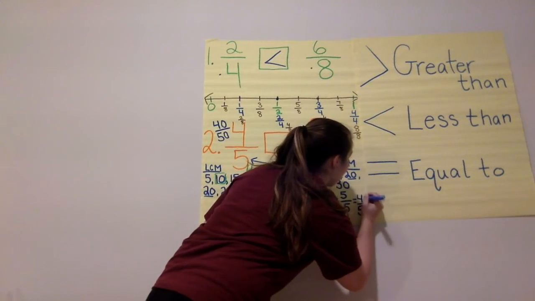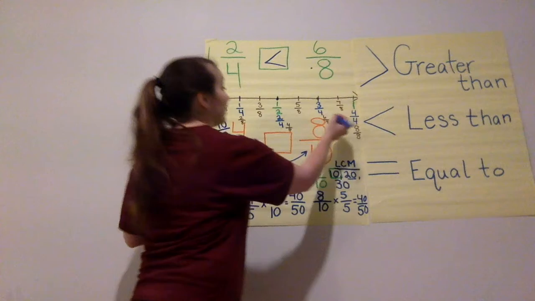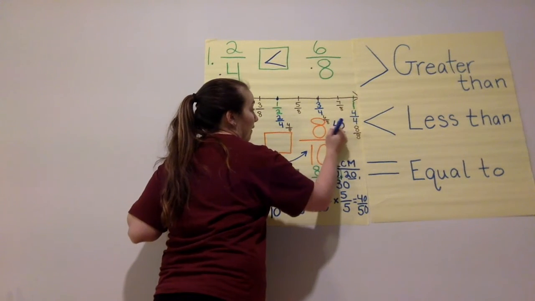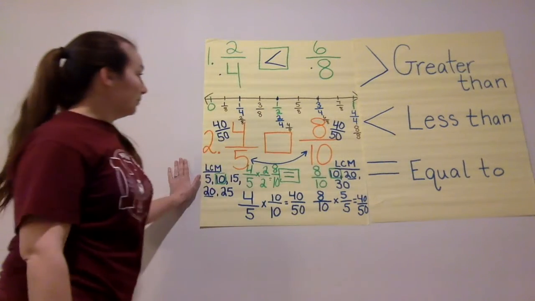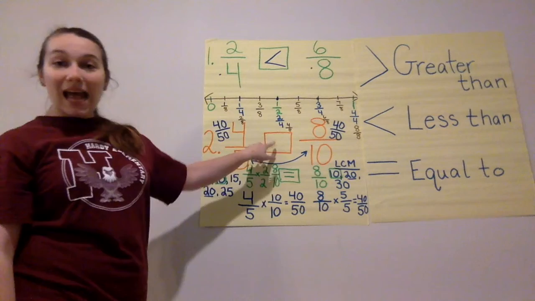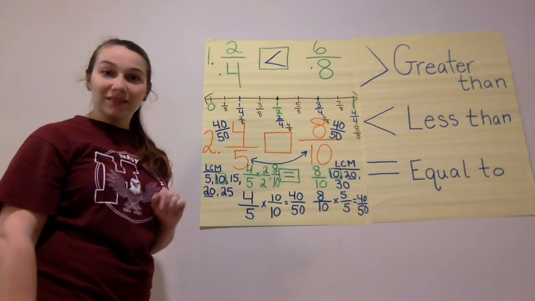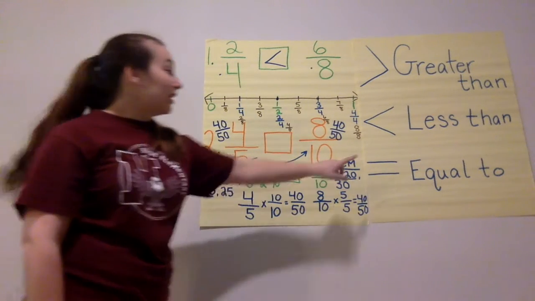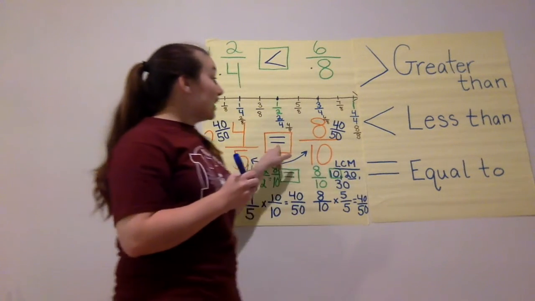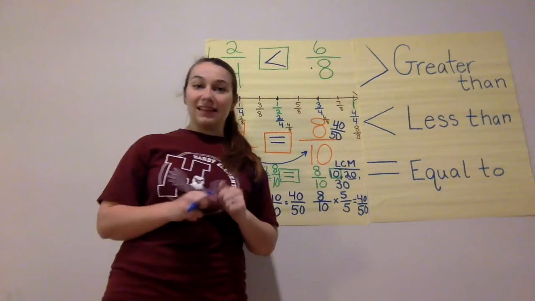Very good. So 8 tenths is going to be the same as 40 fiftieths. 40 fiftieths. What sign am I going to have to put in the middle here? Equal to. Very nice. So 4 fifths is equal to 8 tenths.